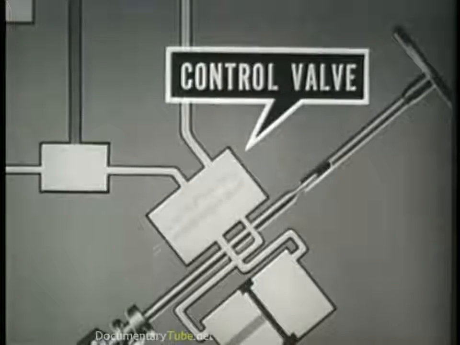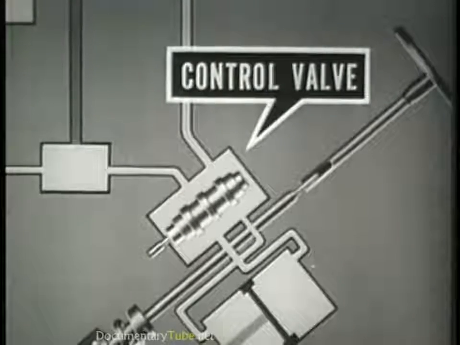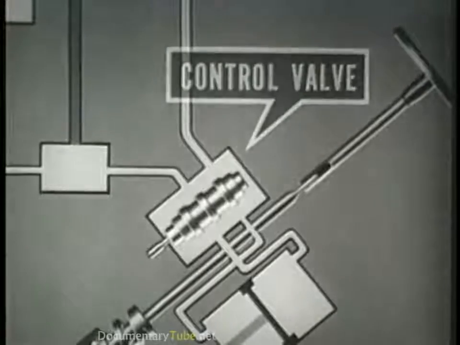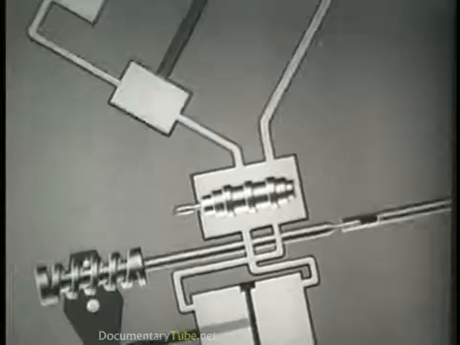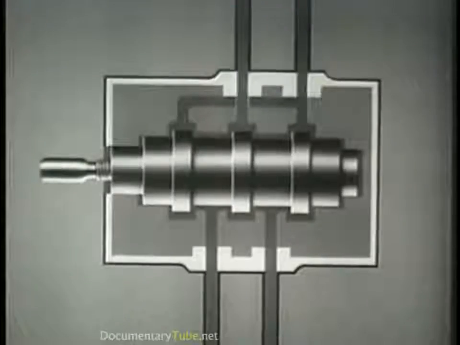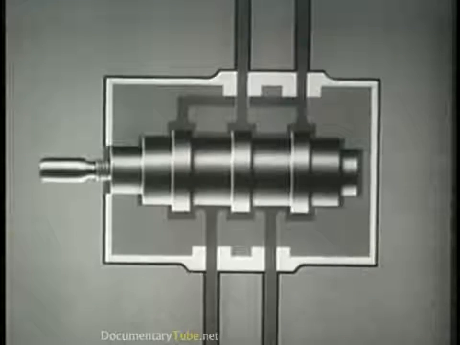The control valve has a spool which directs and controls the flow of fluid to the power cylinder. With the fluid removed, let us look at the internal construction of the control valve.